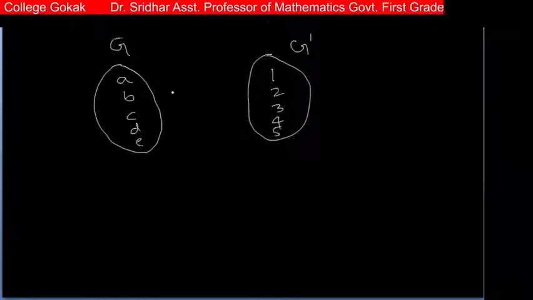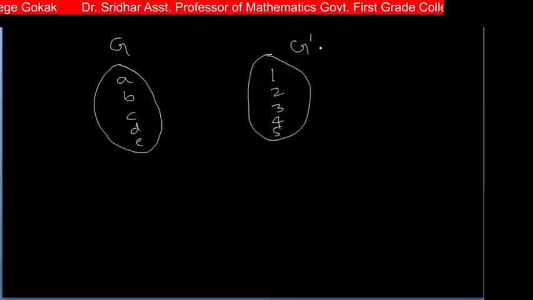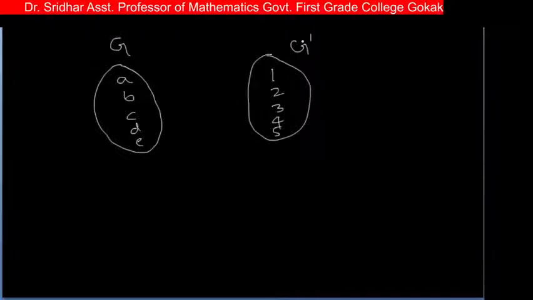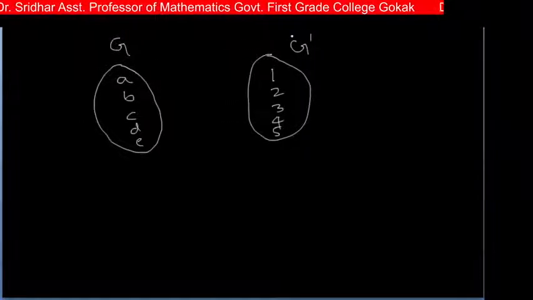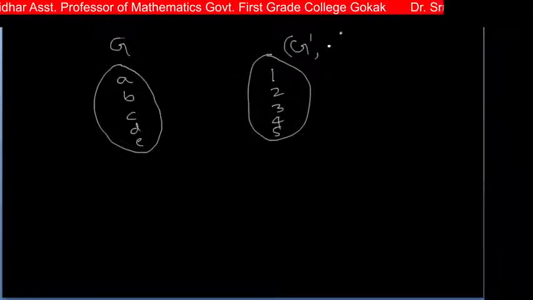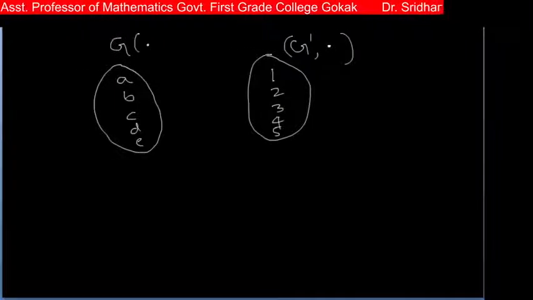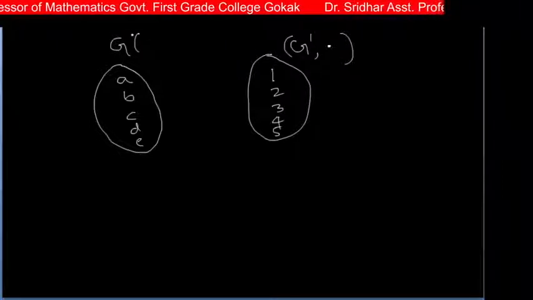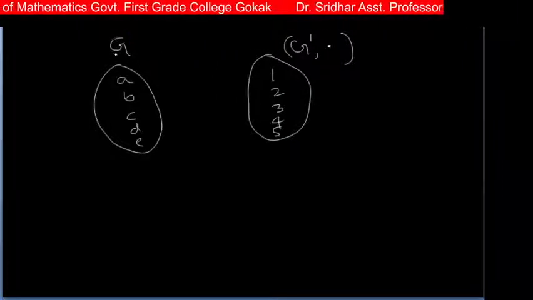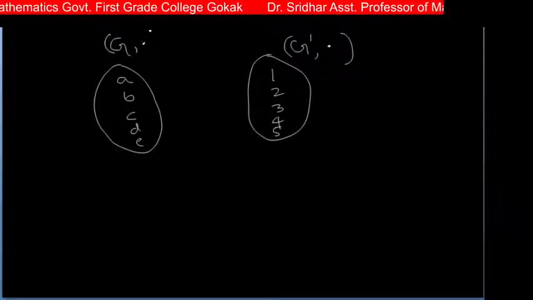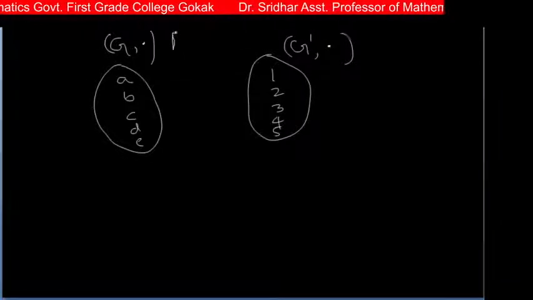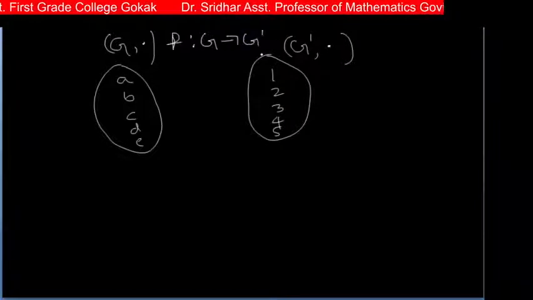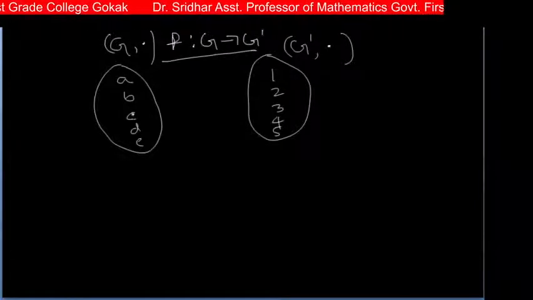Now G dash is a group under multiplication. Here the binary operation is multiplication. Here also let us take the binary operation as multiplication. Now let us define f from G to G dash as a homomorphism.